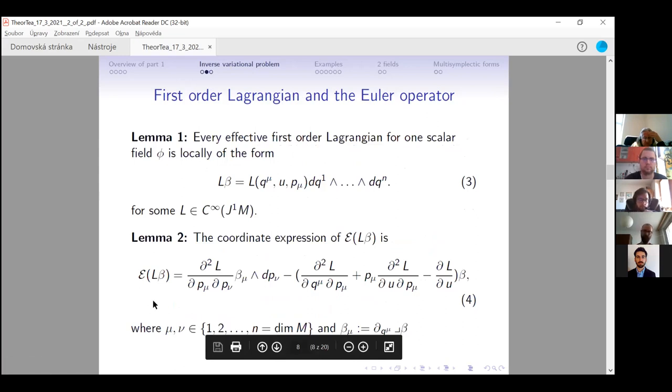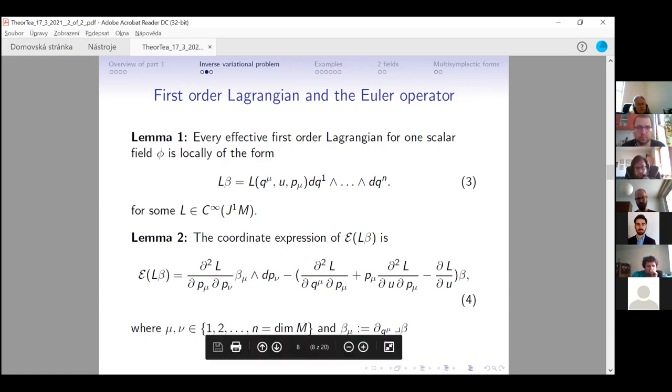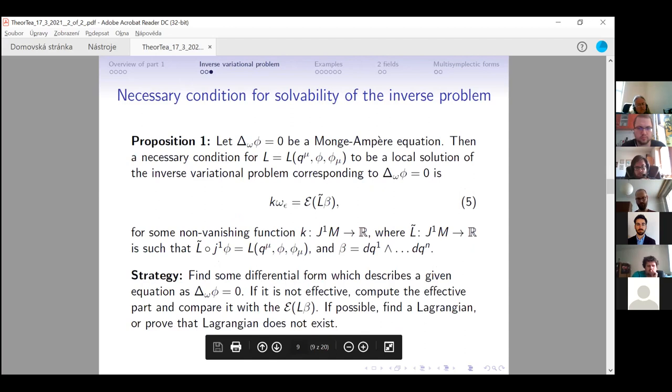So I have an equation down on M, I represent it with a form on J1M, and then I know that it must be equal, up to a multiple by a non-vanishing function, to E L beta, because L beta is the most general thing which produces first-order Lagrangians. And also I know that the Monge-Ampère equation of E L beta will be the Euler-Lagrange equation for L itself. And that's the main tool that we are using here.